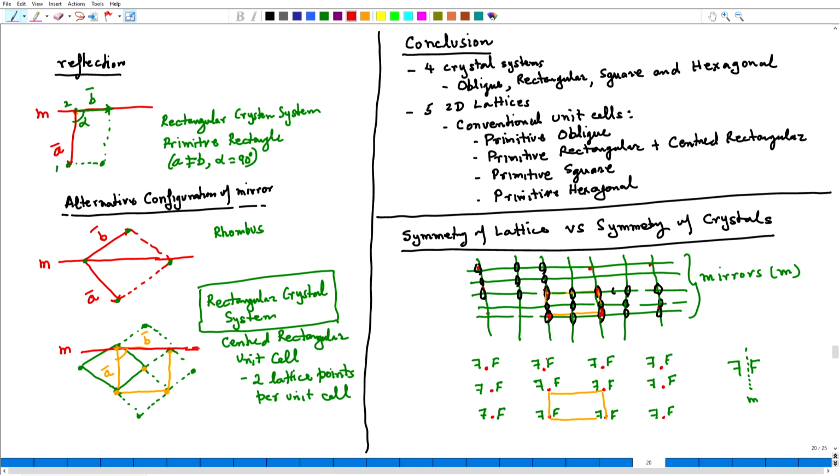So, I have vertical mirrors going through the lattice points. I have a vertical mirror going through the middle of two columns of lattice points. So, I have a vertical mirror here, here, here, and here.